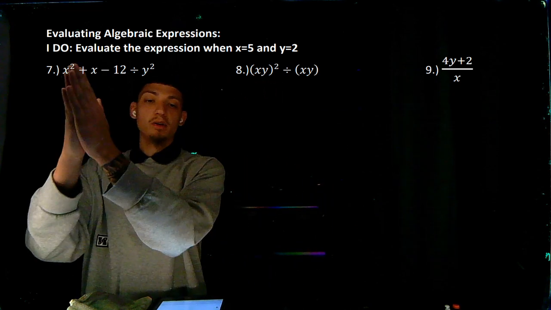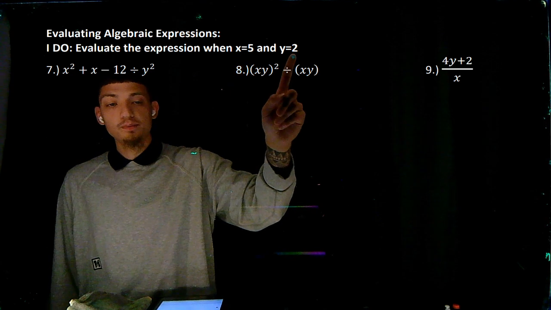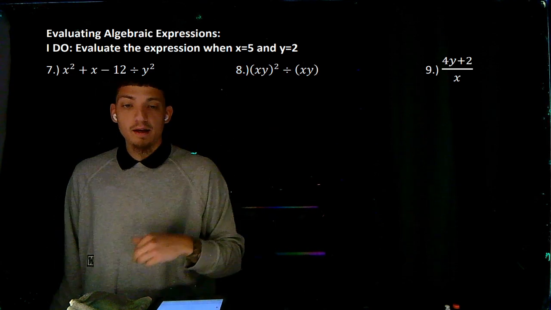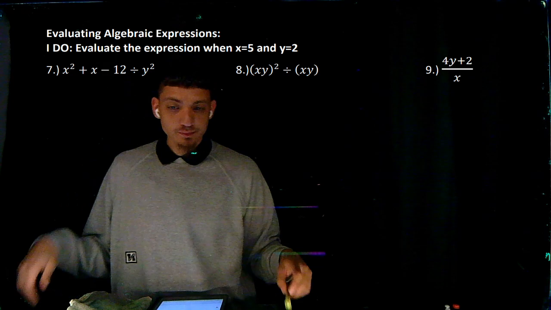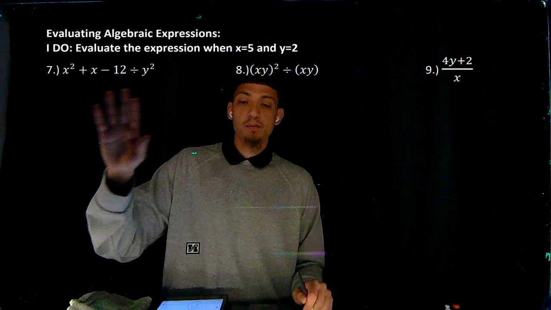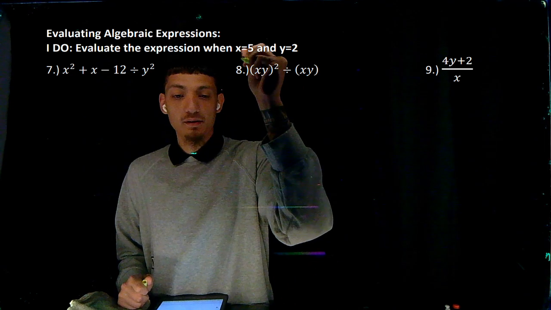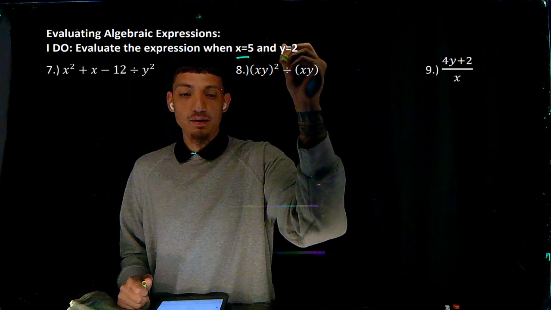Here, we're going to evaluate an expression when they tell us what each variable is equal to. We have x's and y's in our problems, and they tell us x is equal to 5 and y is equal to 2.